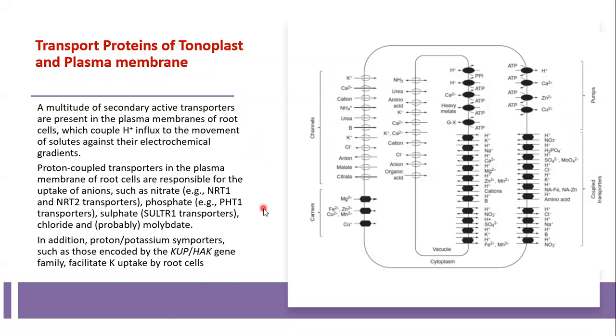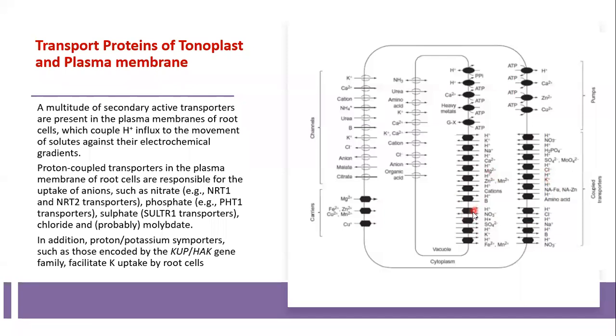So you can imagine that the H+ ion gradient, which is developed by proton pumps, is utilized for secondary active transport, and that is used by plenty of transporters. At the plasma membrane level, you can see nitrate H+, H2PO4- H+, sulfate H+, chloride H+, then potassium H+.